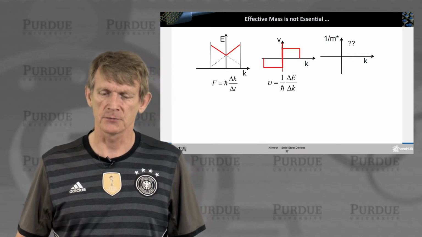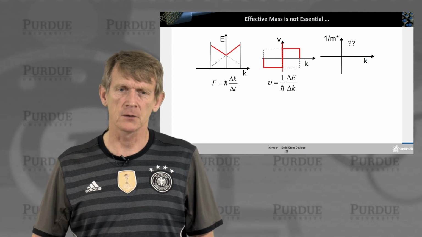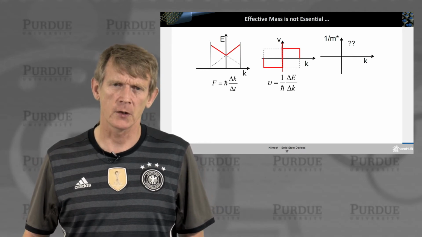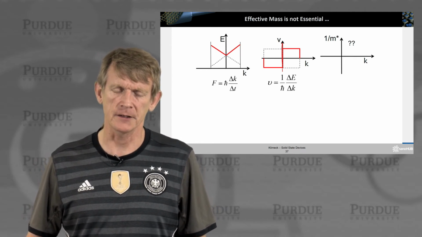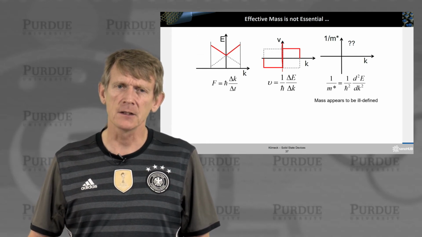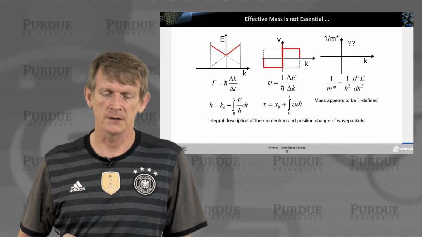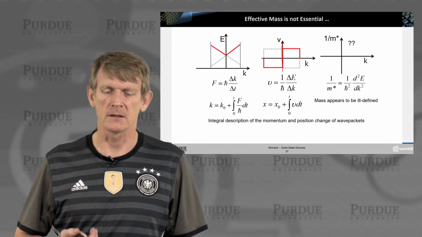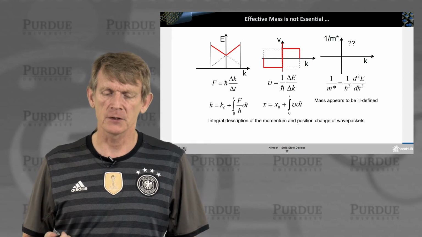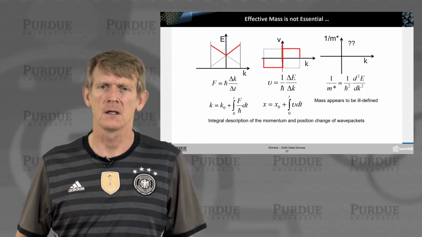So the effective mass really is ill-defined, and it doesn't make sense to build an effective mass for electrons in graphene, for example. But you can still deal with the integral quantities that are relevant. And the integral description of momentum and position of these wave packages are still meaningful.